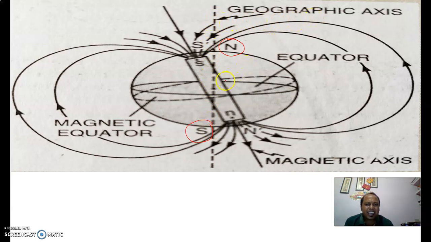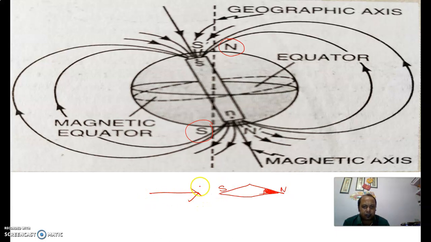Now, when we consider a magnetic needle, the needle is of this shape. The portion which is made dark here represents the north pole of the needle and this represents the south pole.